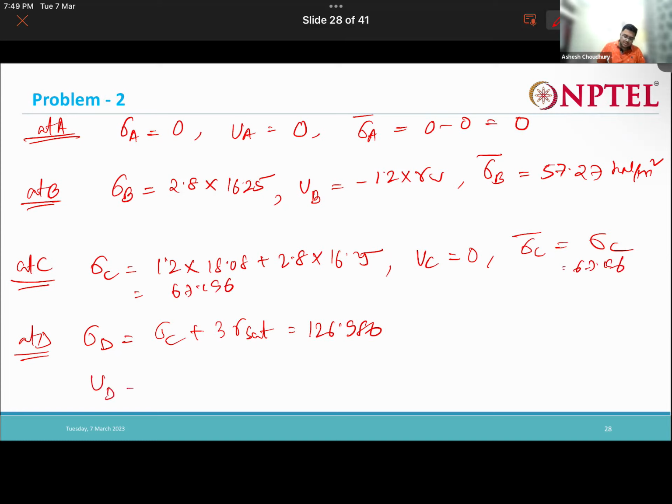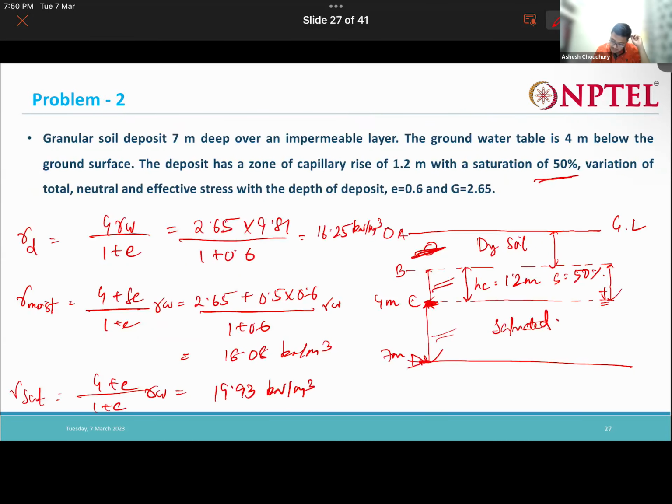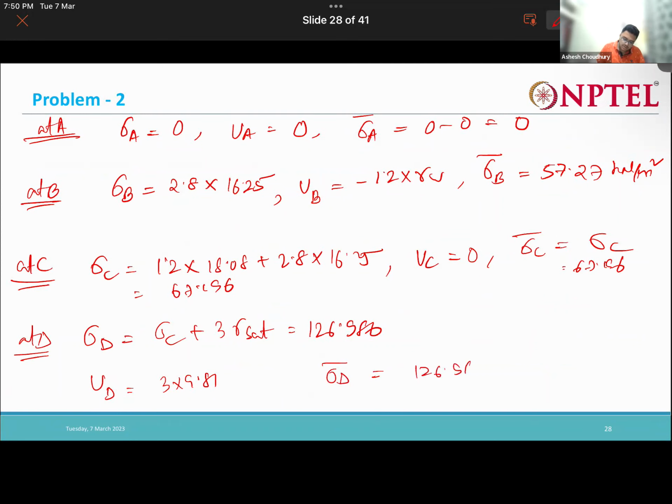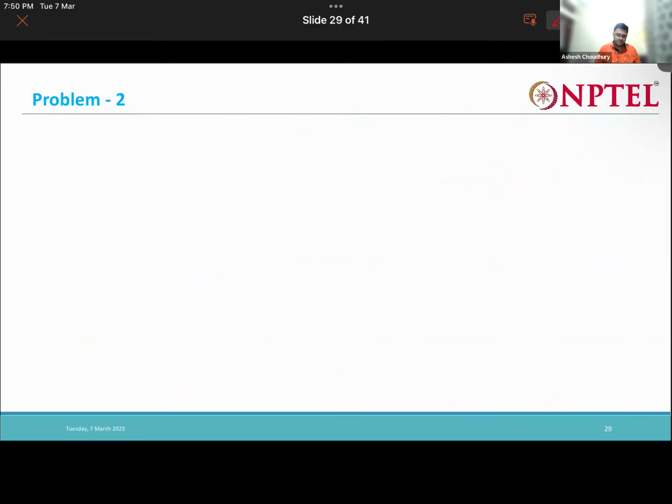What will be my pore water pressure at D? 3 into gamma w, 3 into 9.81. So my effective stress will be 126.986 minus 3 into 9.81, which is 97.556 kN per meter square. So done with this one.